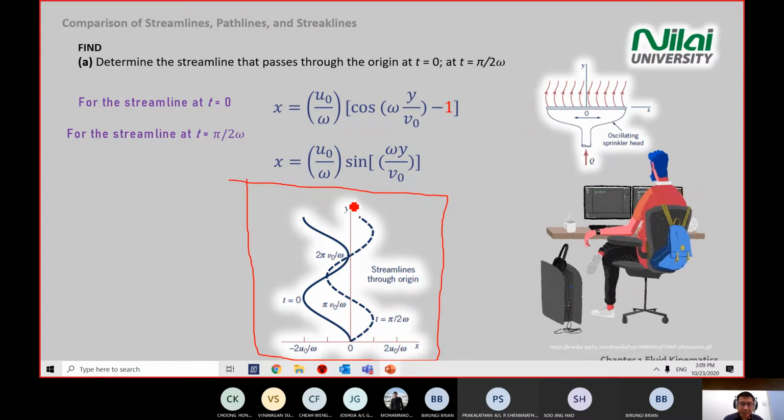So your y-axis is y, your x-axis is the time, and the values are given here. One is negative, one is positive.